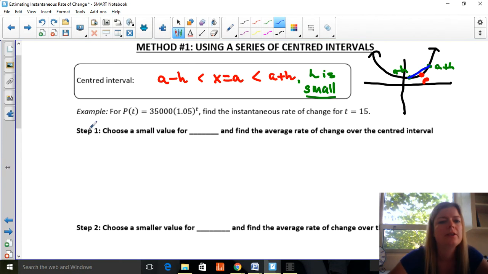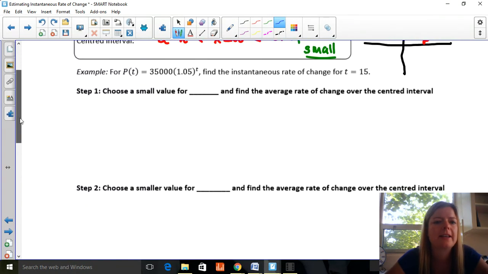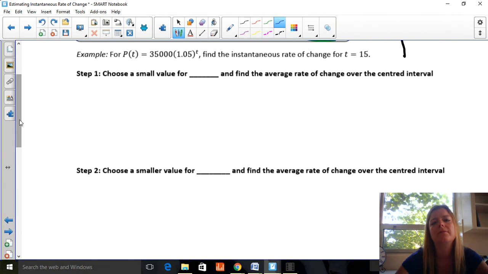Okay, so if we have a function like this, an exponential function, it looks like it's population at time t. So we have 35,000 times 1.05 to the power t. They want to find the instantaneous rate of change for t equals 15. I can interpret this to mean that it's a population of 35,000 people that's growing by 5% per year, and they want to know what rate it's growing after 15 years.